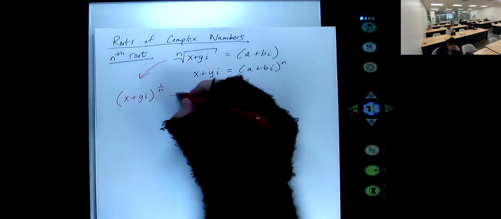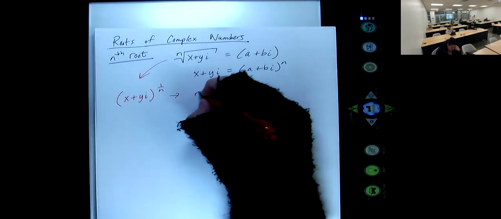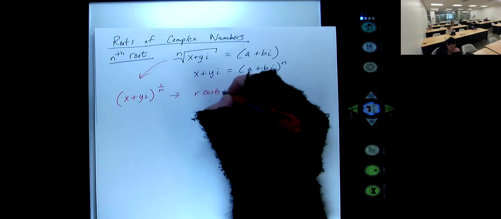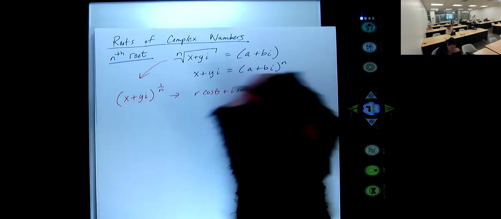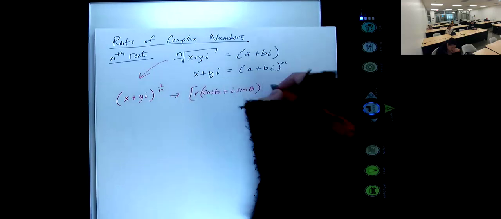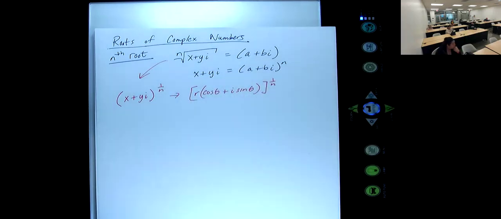So if I can write this as r cosine theta plus i sine theta to the 1 over n. I'm showing you how you can come up with this formula if you don't remember it. This is not necessarily the most intuitive one. You do need to remember the previous one, the exponent one.